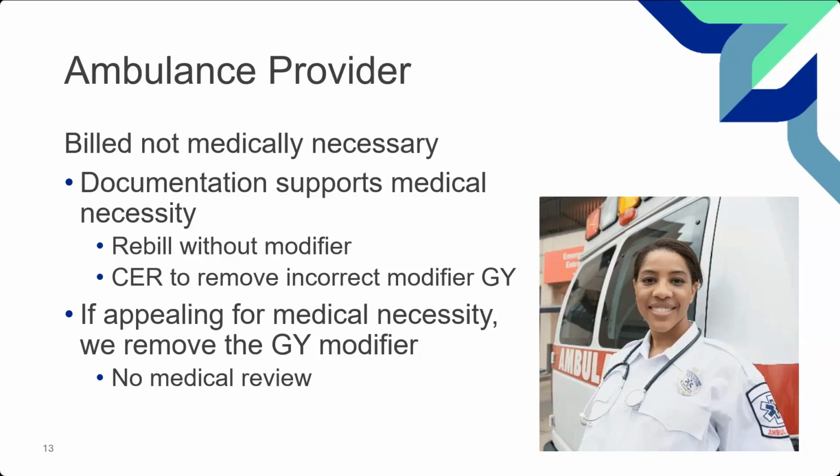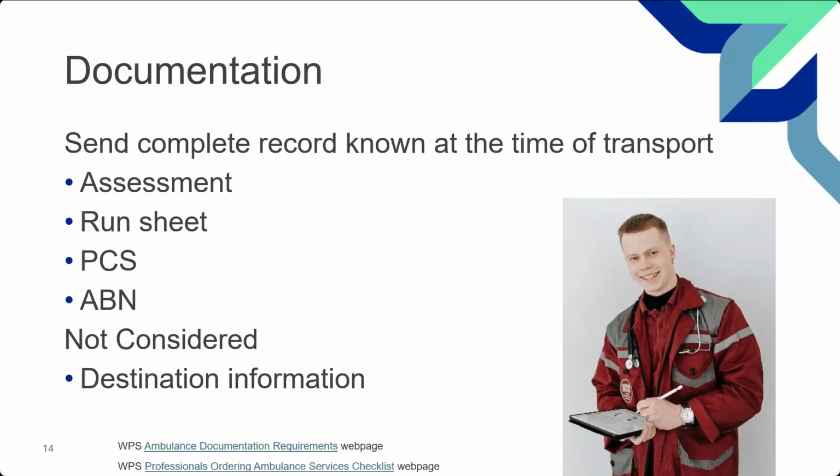Okay. So hopefully all of that together makes sense with the issues that we're having and why we're looking at it. I was asked, what kind of documentation should you consider sending if you do get an additional documentation request or you're filing on behalf of the patient with their signature and date? Here's a couple of things I always recommend. The assessment.